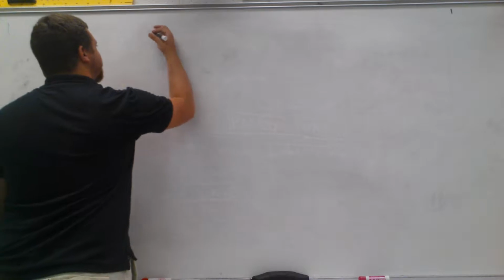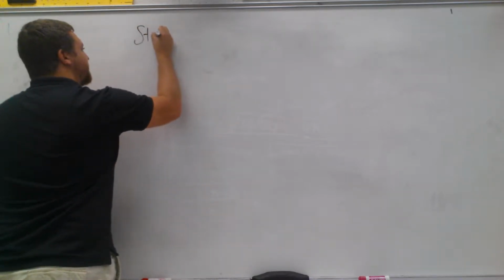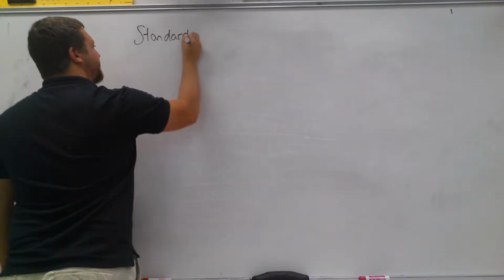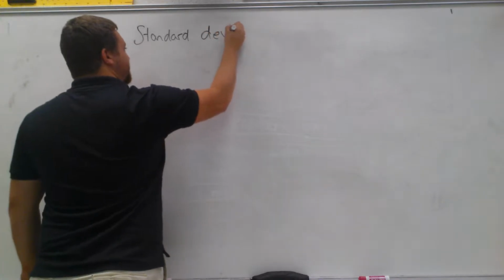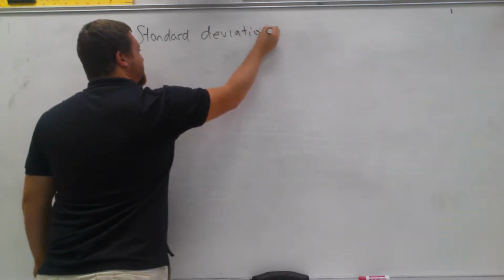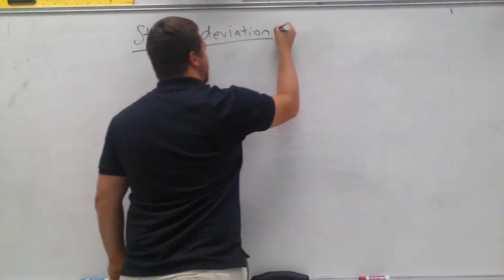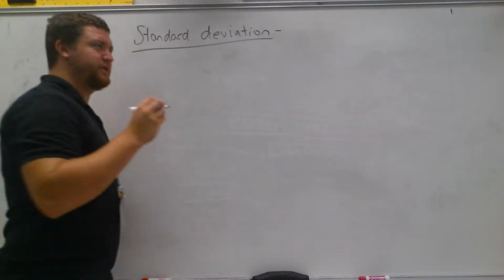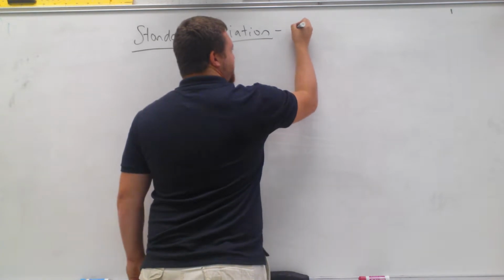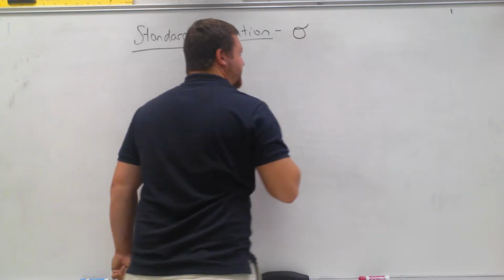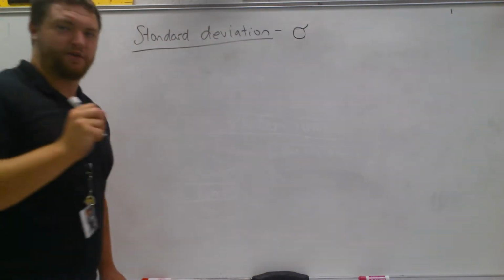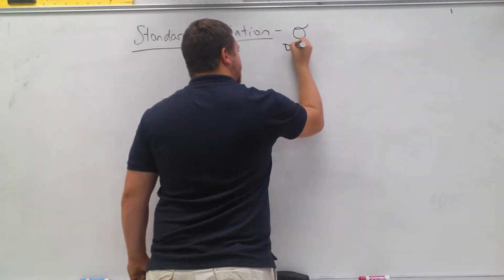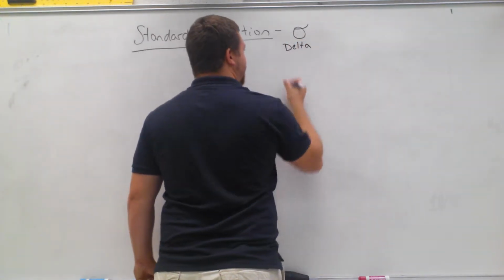So standard deviation, okay, you will see this symbol when we talk about that. It is a little like an O with a crazy hairdo. So it's an O with a crazy hairdo, okay? That, believe it or not, is a lowercase delta in the Greek alphabet.